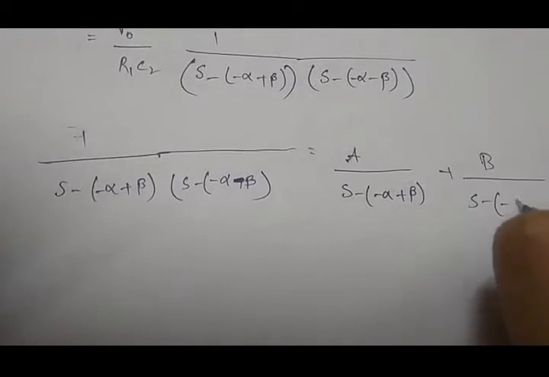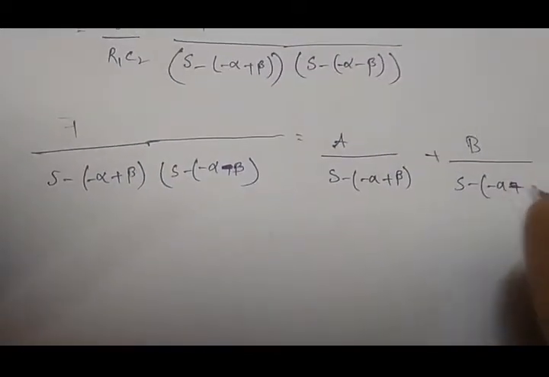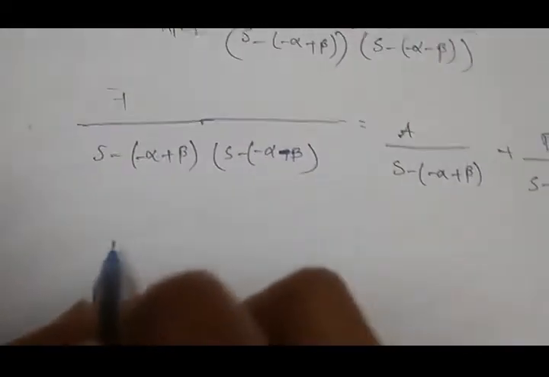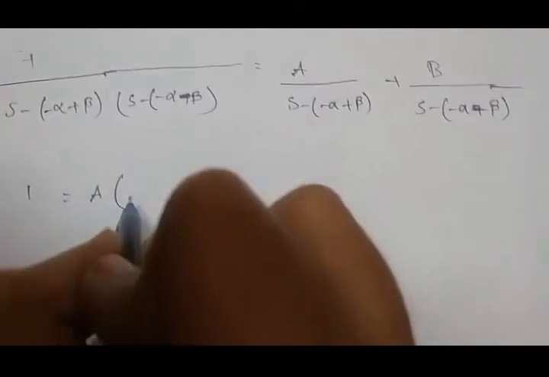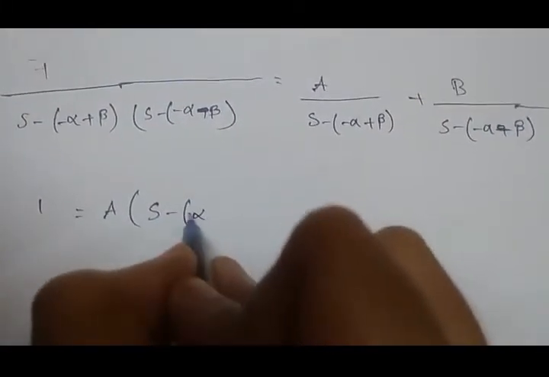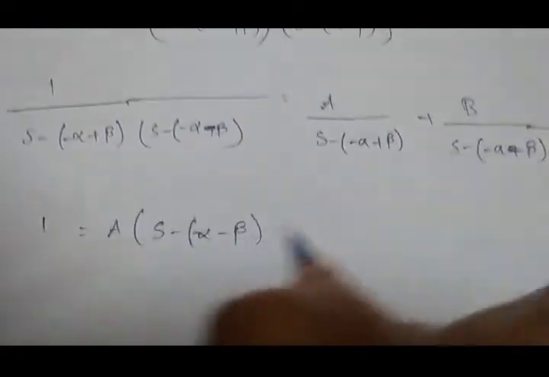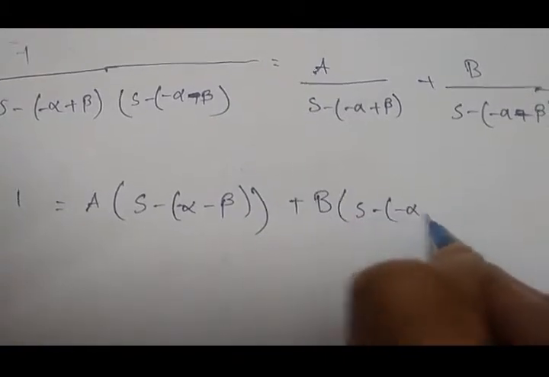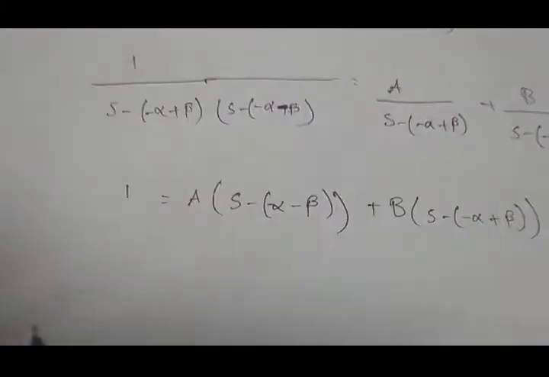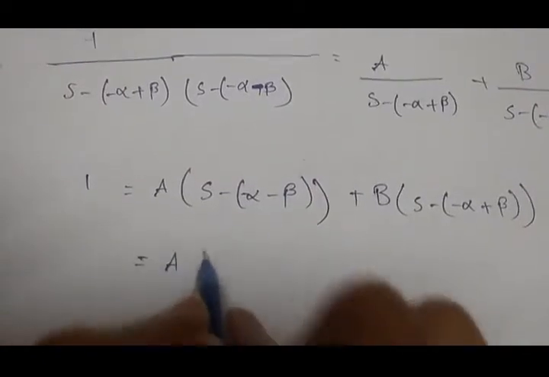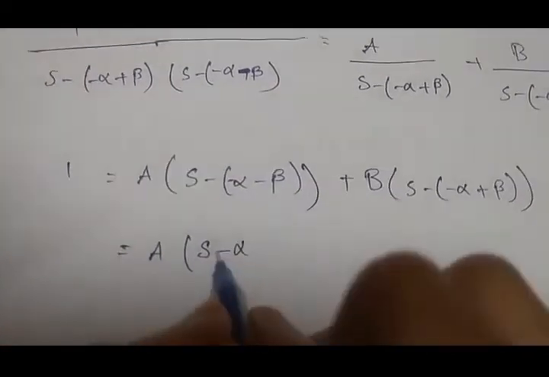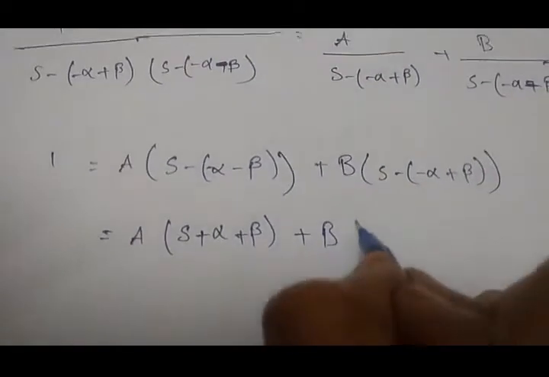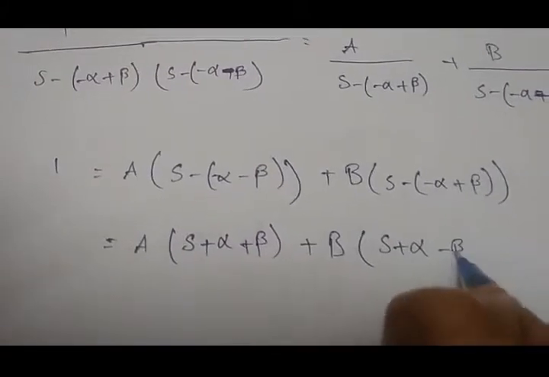A simple sign change also will lead to what we call... okay. So the expression will be A into s plus alpha plus beta, plus B into s plus alpha minus beta.